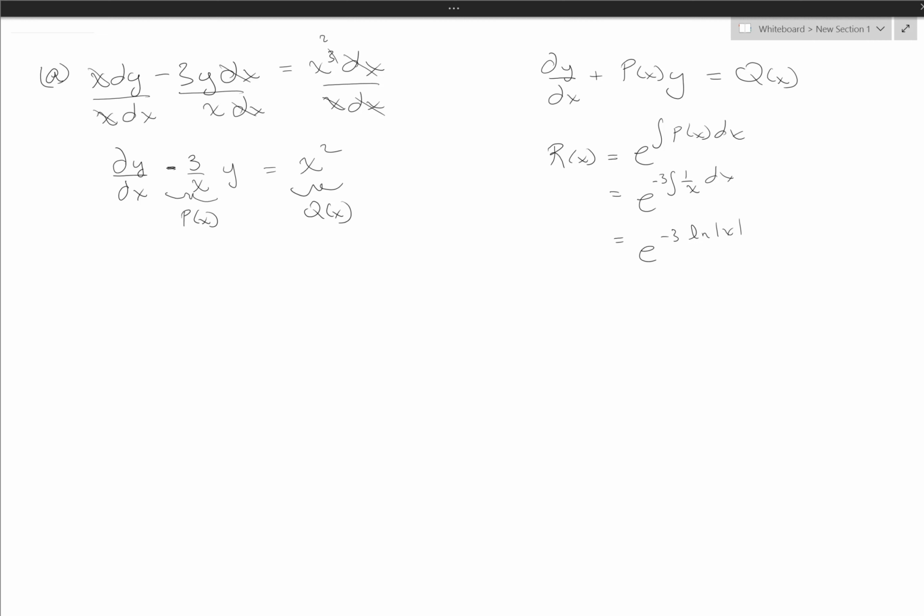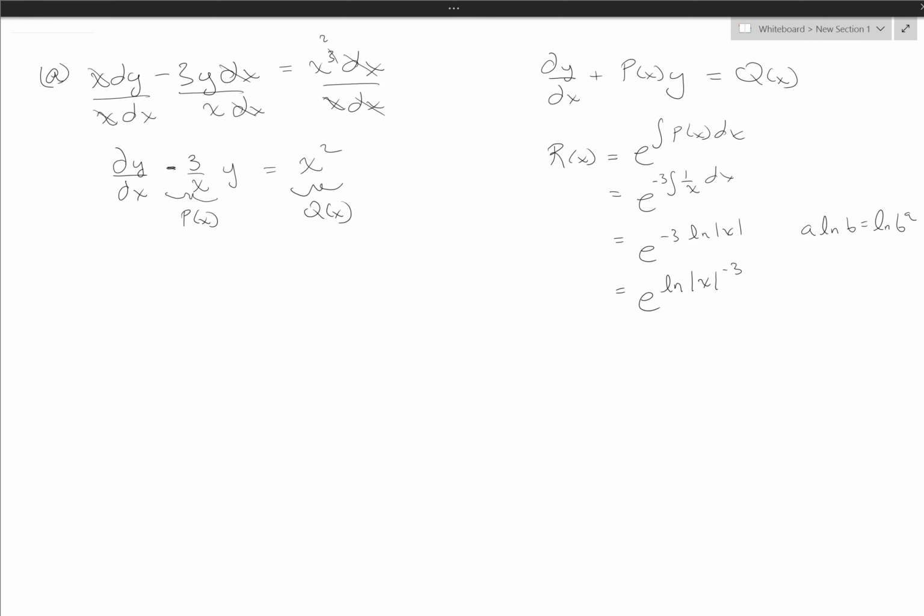And what we know is that a ln b is equal to ln of b to the a. So here a is negative 3. So this is e to the ln of x to the negative 3.